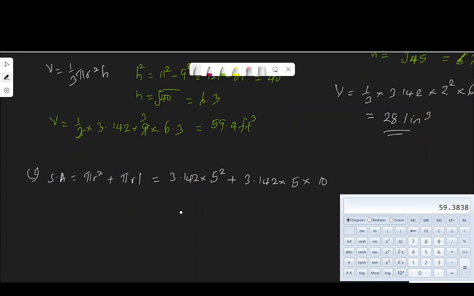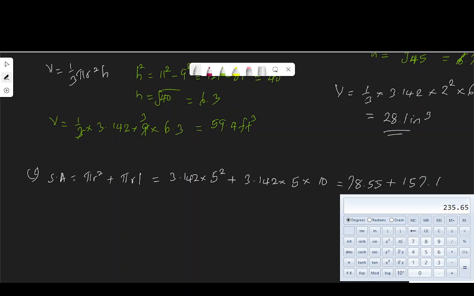3.142 times 25, since 5 square is 25. 3.142 multiplied by 25 is 78.55. 78.55 plus 3.142 times, okay, 10 times 5 is 50. So let's do a shortcut there. 3.142 multiplied by 50 is 157.1. 157.1 adding to 78.55.